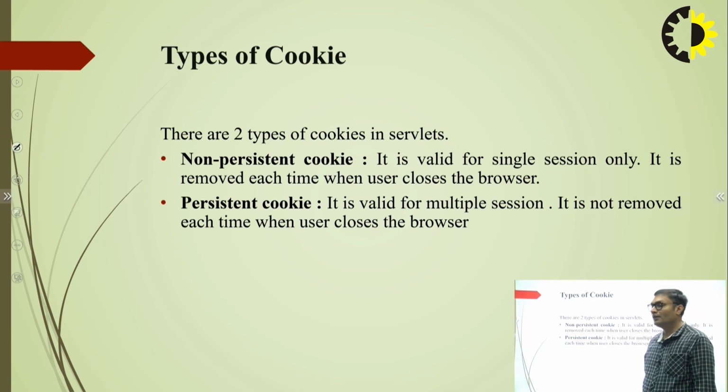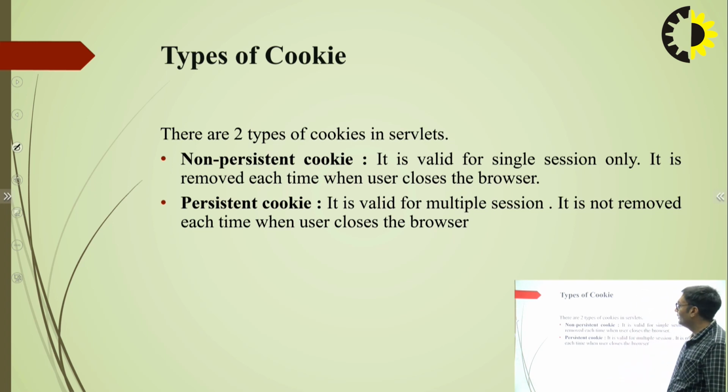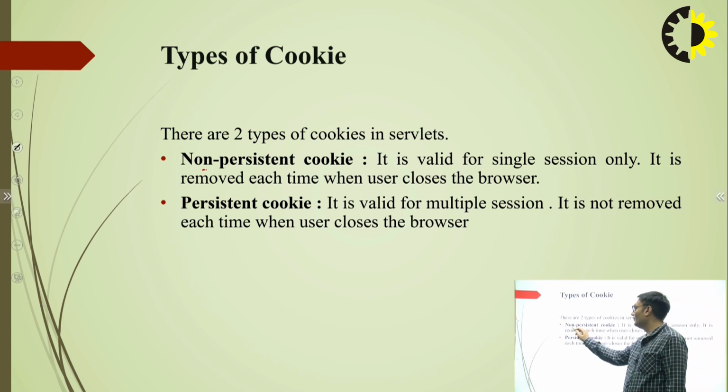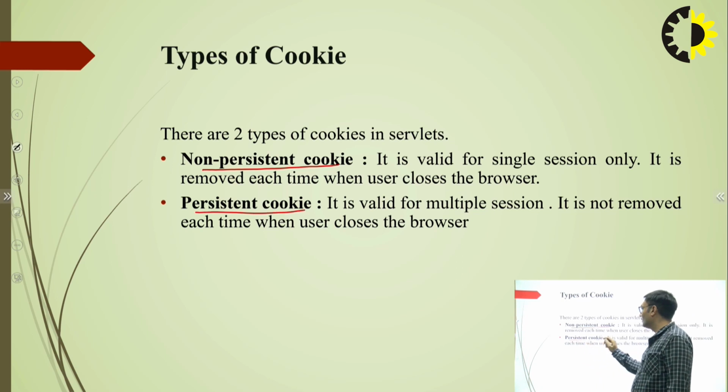Now there are two types of cookie files that can be saved. One is non-persistent cookie, the second one is persistent cookie.